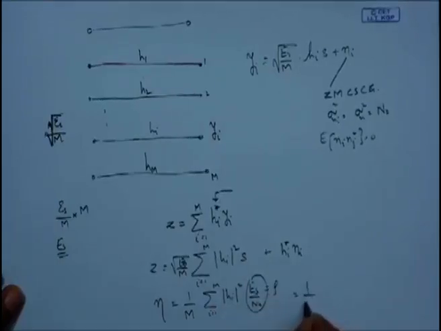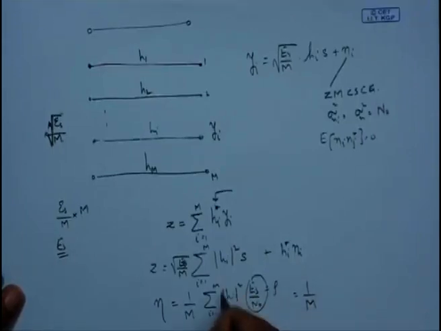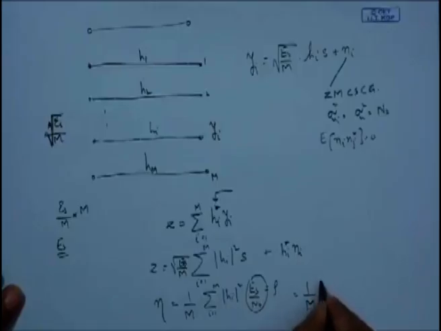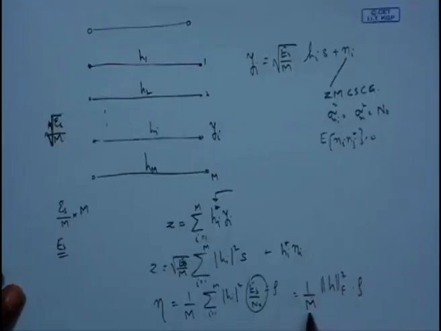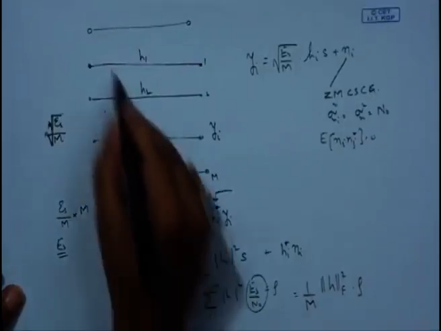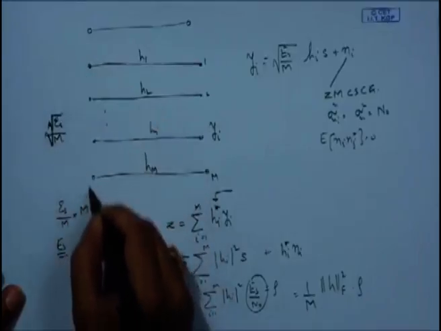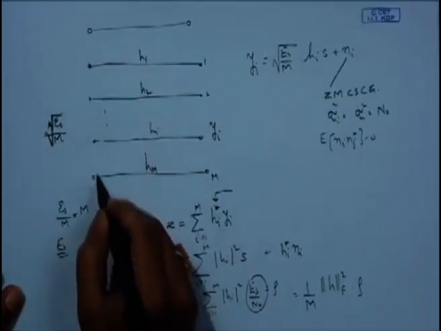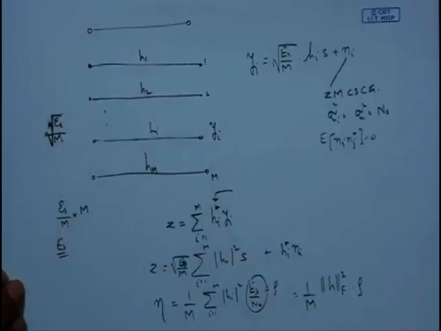So you could write it as 1 upon M times the Frobenius norm of h squared times rho. This is the SNR expression that we have at the receiver for this particular scheme, where we're dividing the power equally amongst all the transmit branches, so the total power remains the same as this.